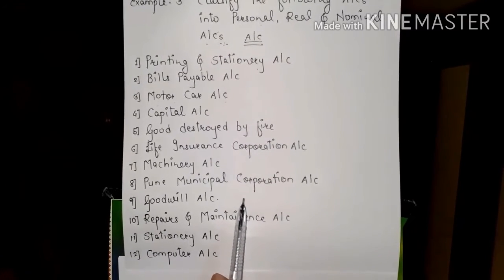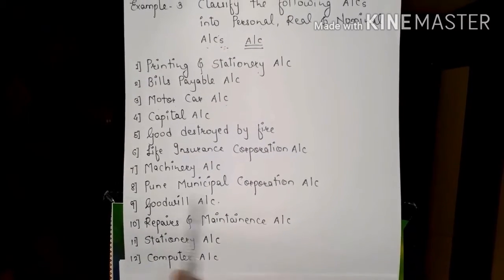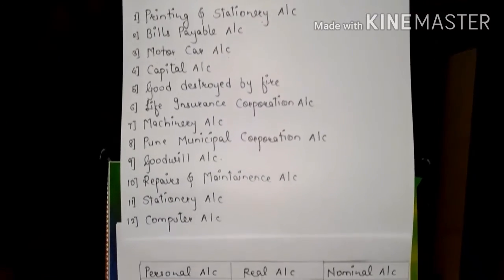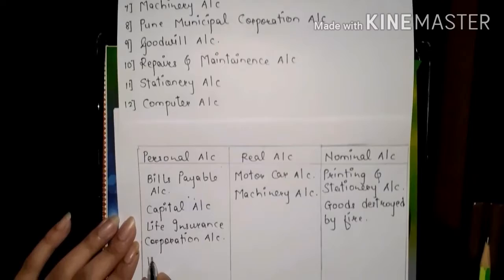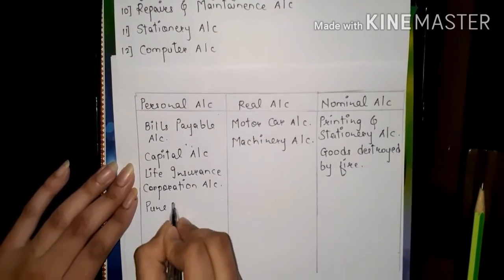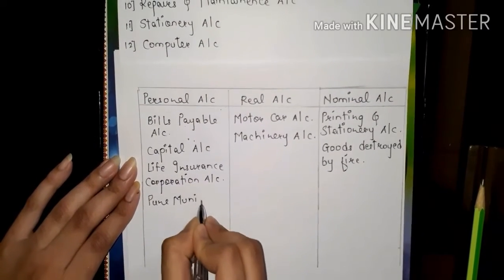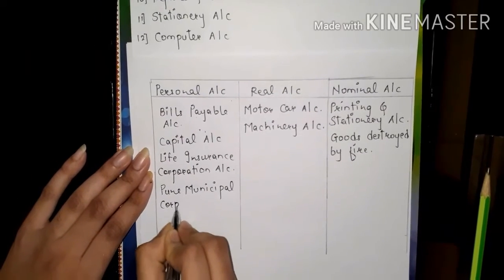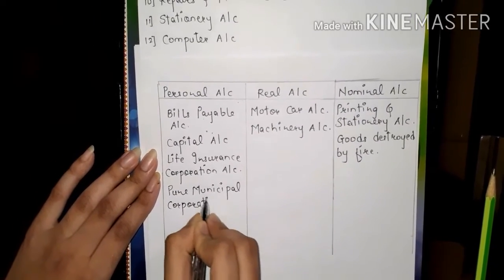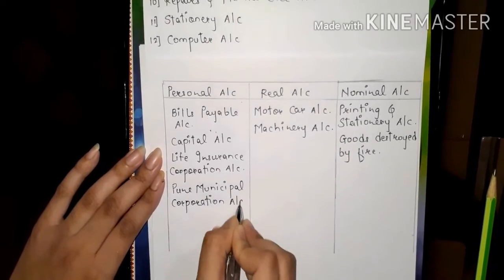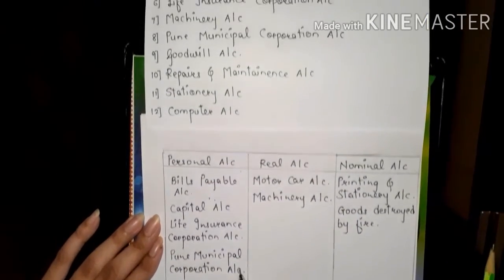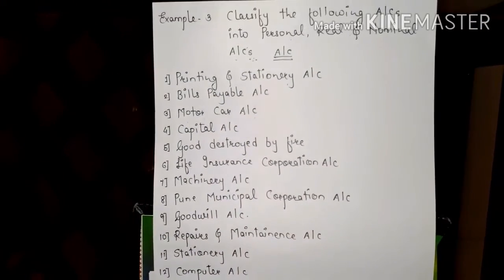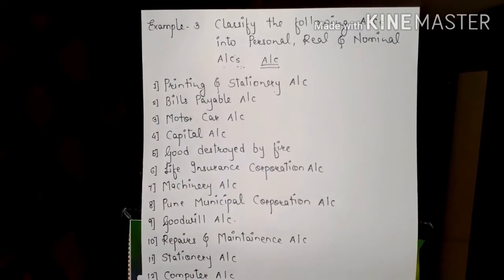That is owned by a natural person. So it will fall under personal account. Pune Municipal Corporation account. Okay. This is a name. This is owned by a natural person. That is why it falls under personal account.